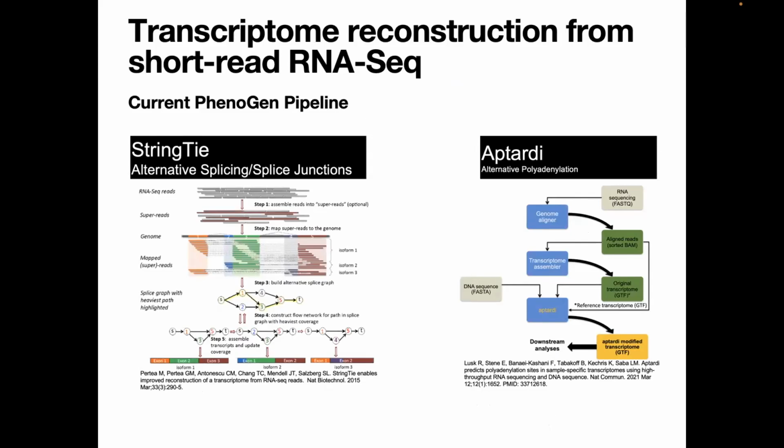So what we do is we use one of the classic transcriptome reconstruction methods, StringTie. There are a few out there. StringTie is kind of the most popular, and it tends to be very good at finding exon junctions. The challenge in transcriptome reconstruction is putting the right exons together.